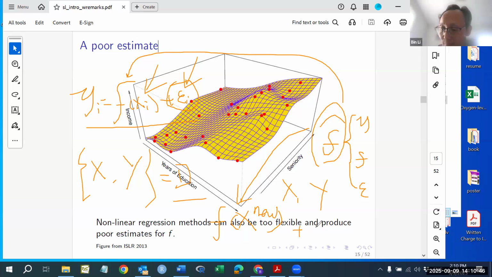But the additive part, the epsilon part, is different. This part always changes because it's random. Why is it random? Random means it's not predictable.